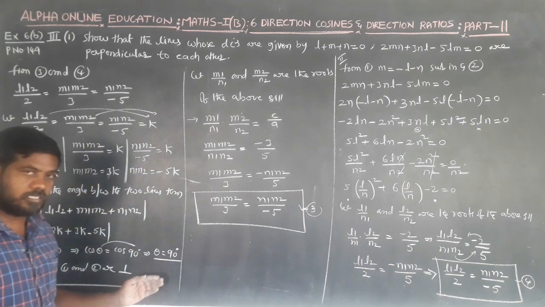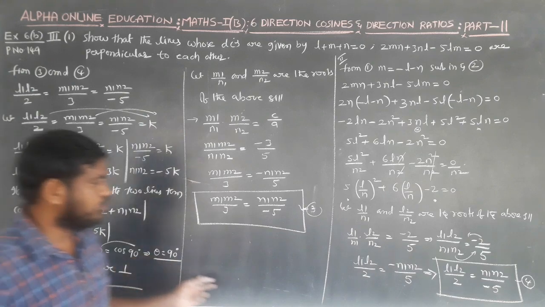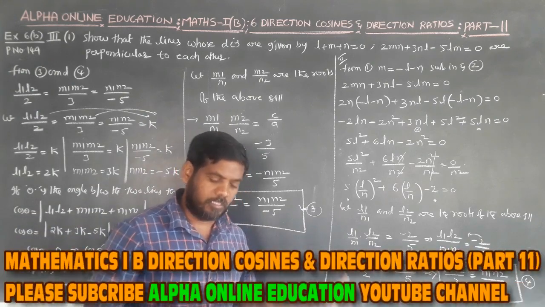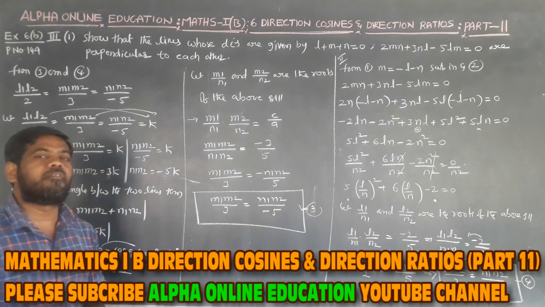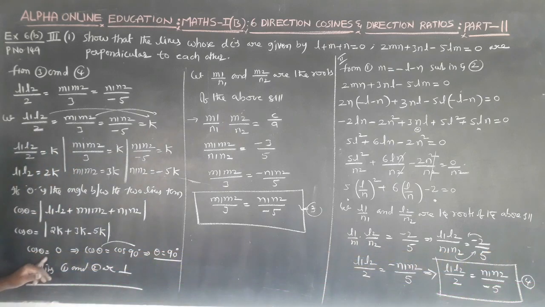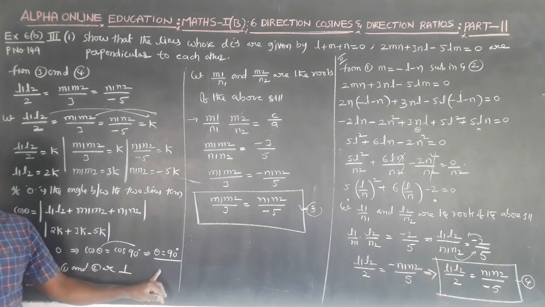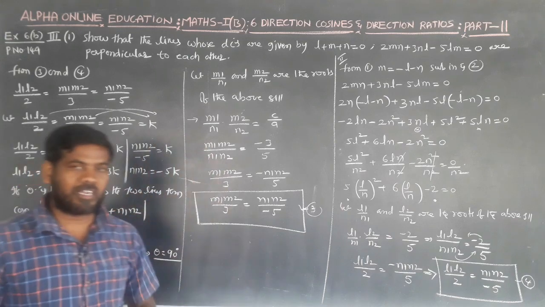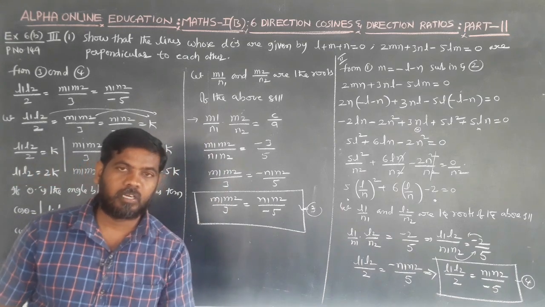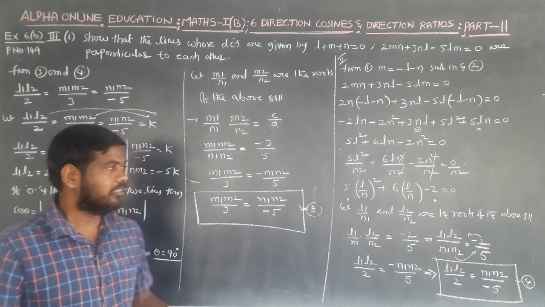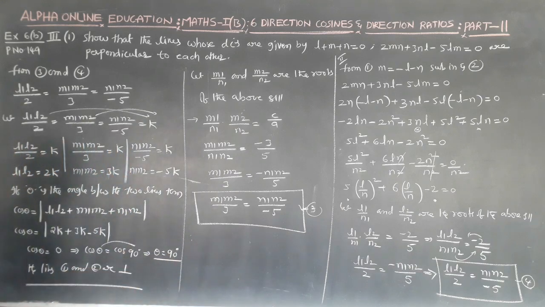Here this is the proof. Find the values l1, l2, m1, m2 and n1, n2. The angle between the two lines is 90 degrees, which means the given lines are perpendicular to each other. This is a very important problem.